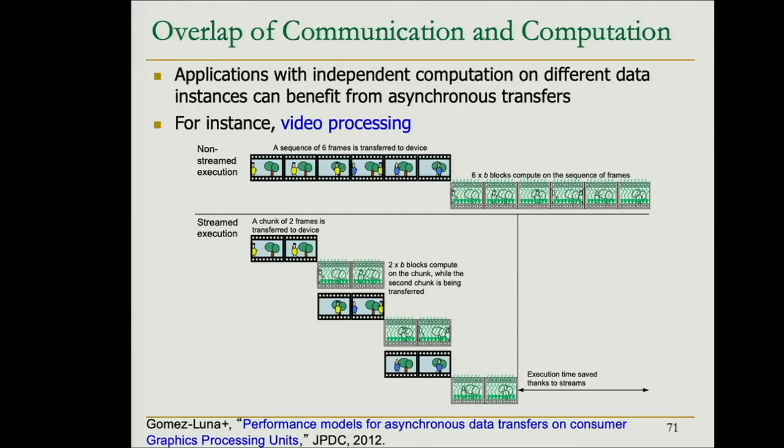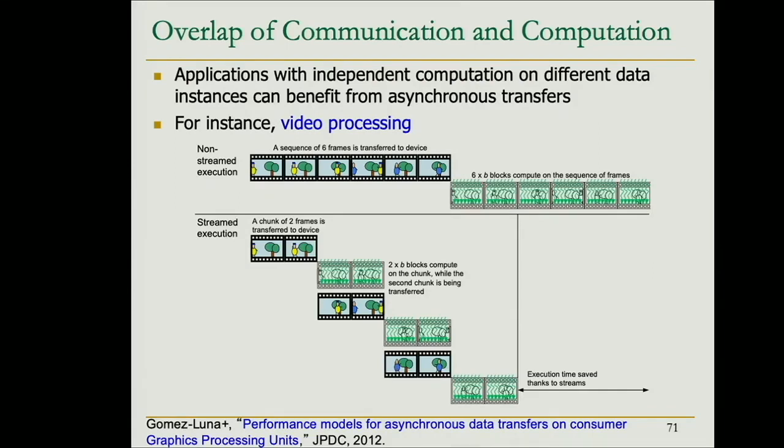Okay? Clear? Good thing is that over time, you see this is from 2012, this has improved, and these days both CUDA and OpenCL provide something that is called unified memory. And actually, with this unified memory, the GPU can request pages by itself from the CPU memory.